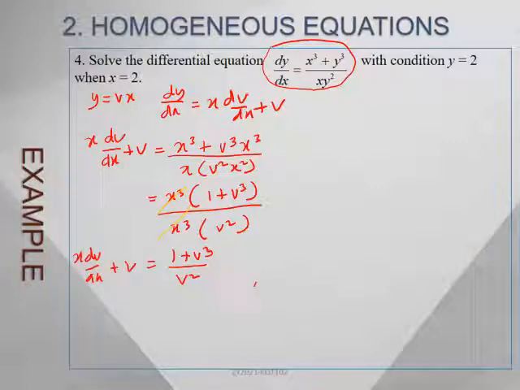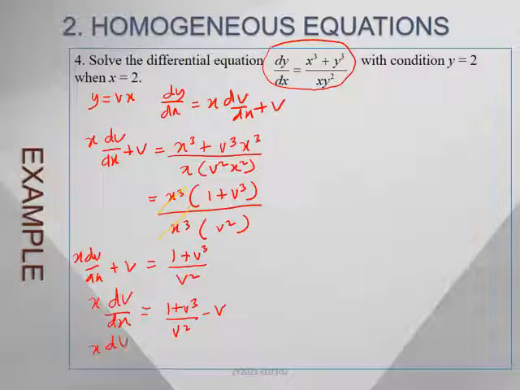So now we focus on separating x and v. So we move the v first. Okay, always move the v first because it's already separated from the x dv dx there. 1 plus v cubed divided by v squared minus v, and then we combine together all the v terms.